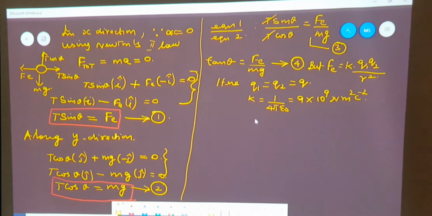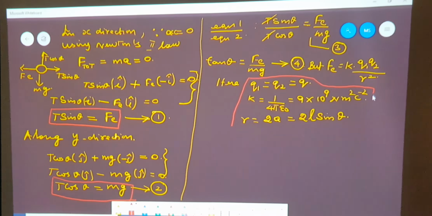Then what is the value of R? Already we have calculated on the previous page that R is equal to 2A, that is equal to 2 L sin theta. Take the pages that we have done before and note how you get that value of R.